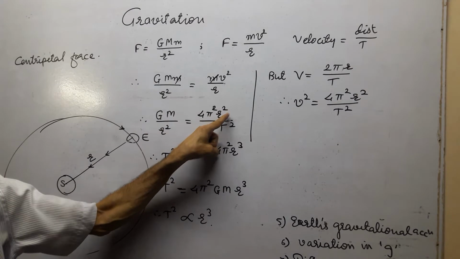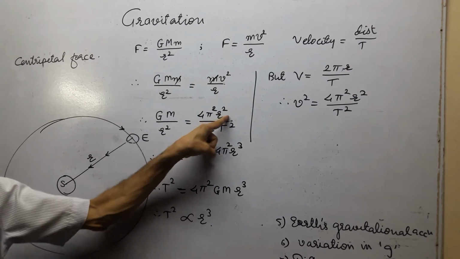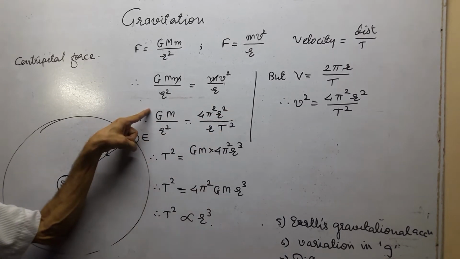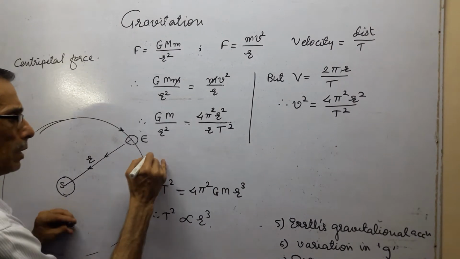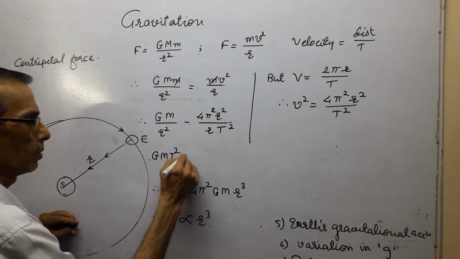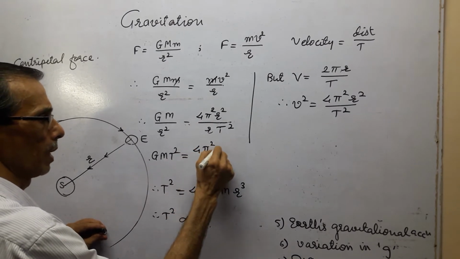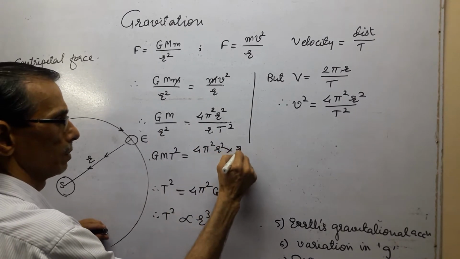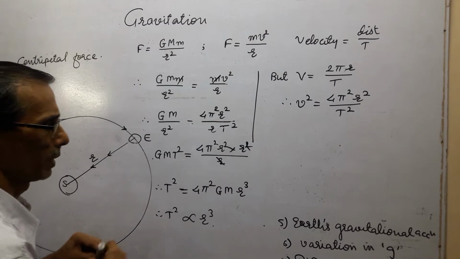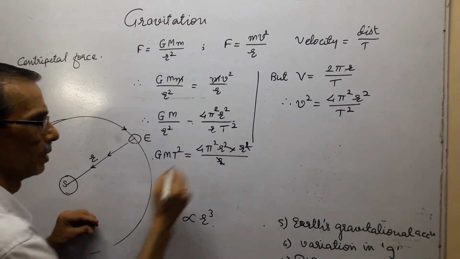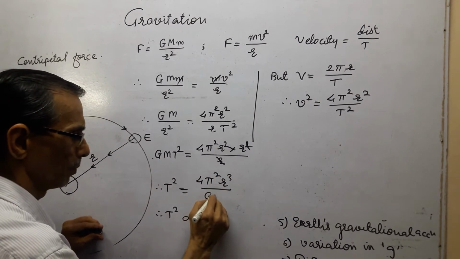So you will find that one r will cancel, and by cross multiplication we get GM into T square is equal to 4 pi square r square, with one r remaining on the other side. One r cancels with one r, and therefore we get T square is equal to 4 pi square r cube upon GM.